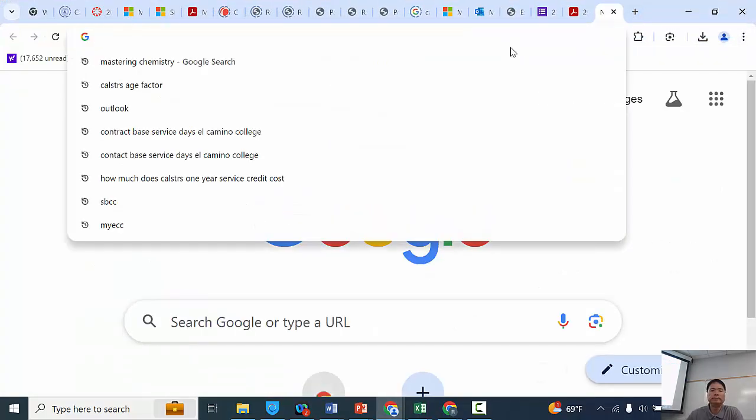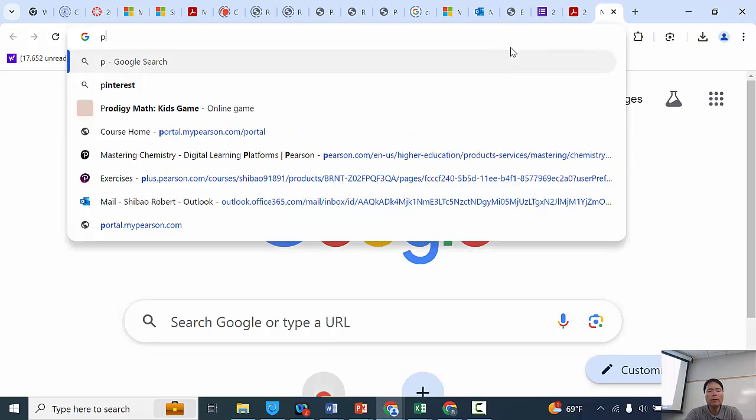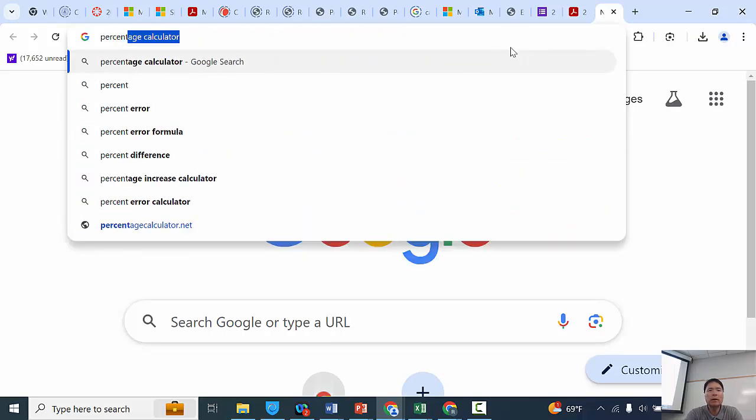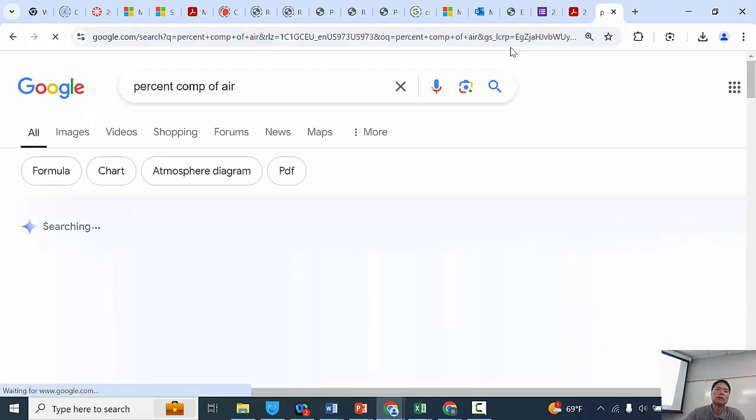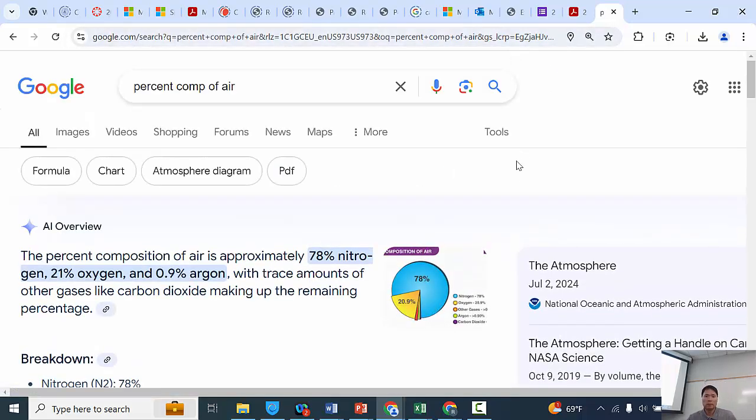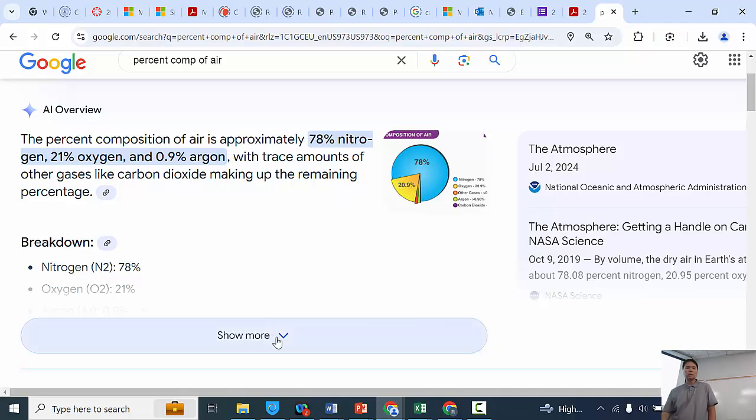And so if we go to the percent composition of air, do they tell you if that's a mass percentage or mole percentage? They don't tell you. It's important to know that. It turns out that that is a mole or particle percentage.